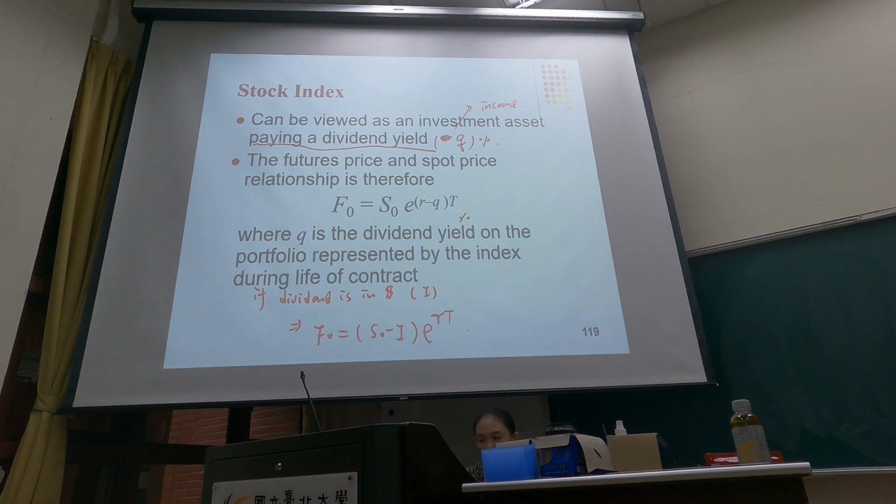So I represents the PV of the dividend income in dollar amount.